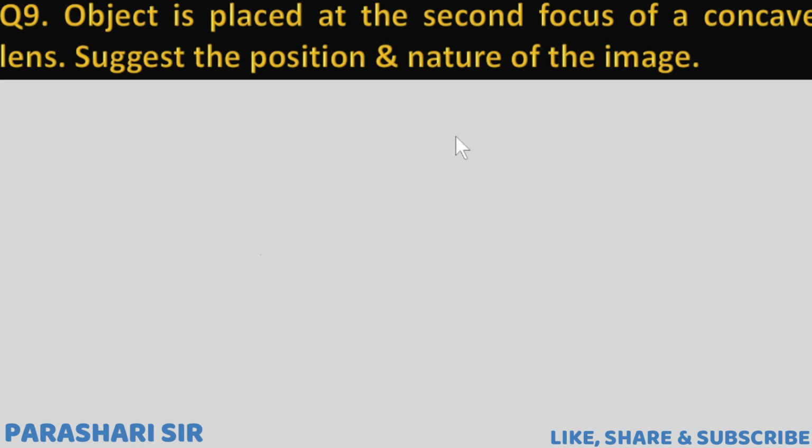I'll show it. In the meanwhile, let's draw the image. Here is the concave lens. This happens to be its optical axis or the principal axis. O is the optical center, and this dotted line is a line of refraction.